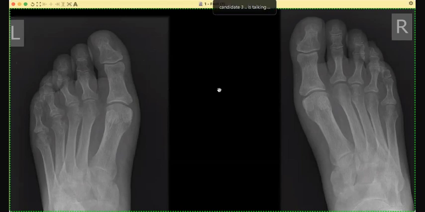The distal interphalangeal joints are spared and not affected. So in conclusion, my first differential diagnosis for this patient will be gouty arthritis, and I will review the clinical and labs of the patient to be certain of my diagnosis.